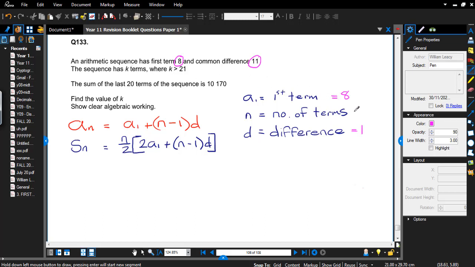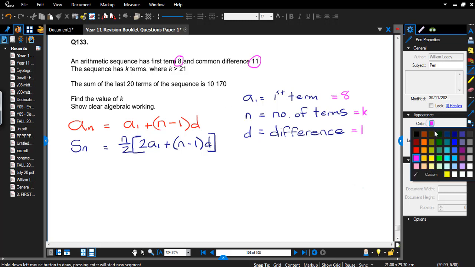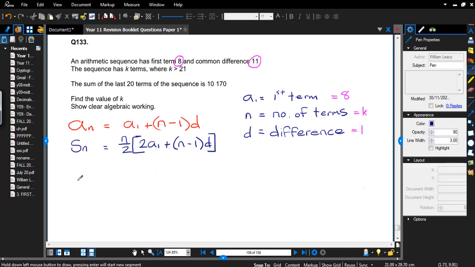We're not actually told that. k is what we have to find out, how many terms. We're told there are k terms, so we have no idea what that means at this stage. All we know is that k is bigger than 21.